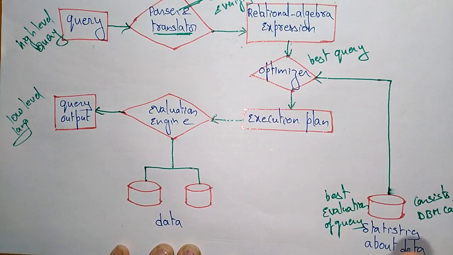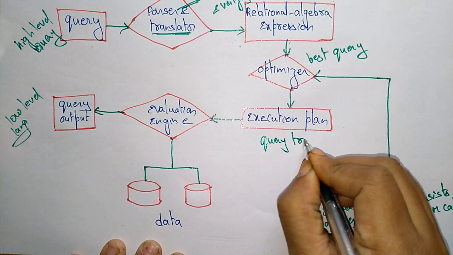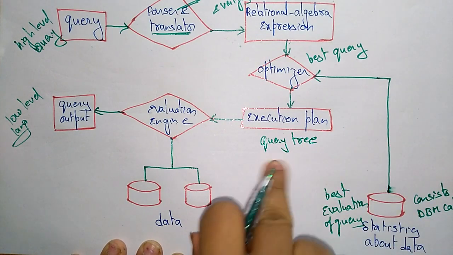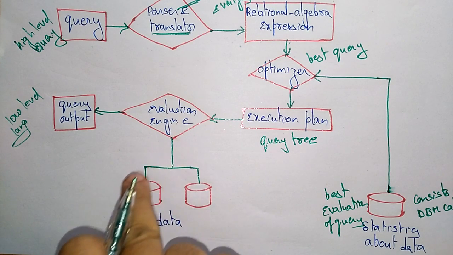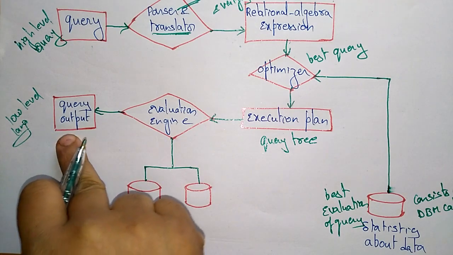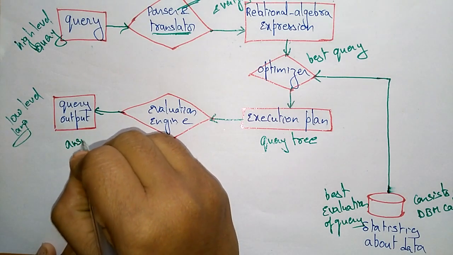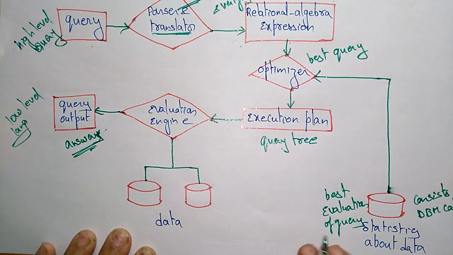The plan is always represented in the form of trees, and only then will it be understood. So the execution plan is sent as a query tree and that best query tree is placed in the evaluation engine. Now the evaluation engine takes the best plan and returns the answer to the query output. Now you will get the best answer.